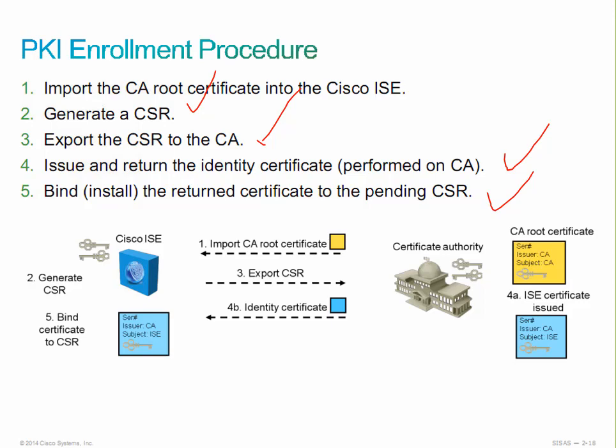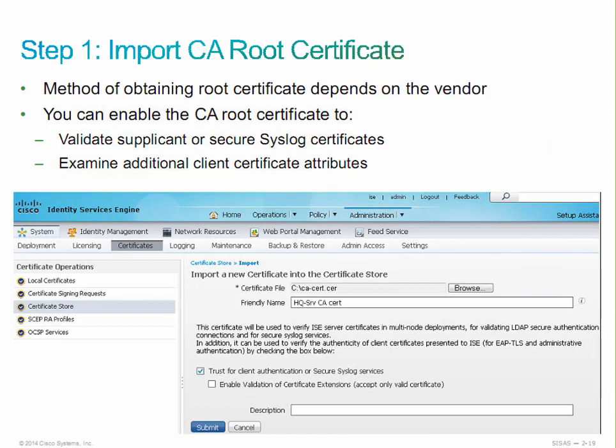So let's take a look at what that process looks like and go through the steps here. All right. Number one, importing the root certificate. We're going to go under certificates and go to our certificate store, and then we can identify the certificate file and then add and import that certificate.